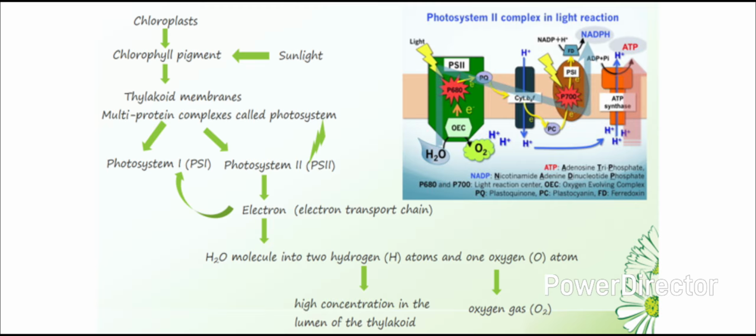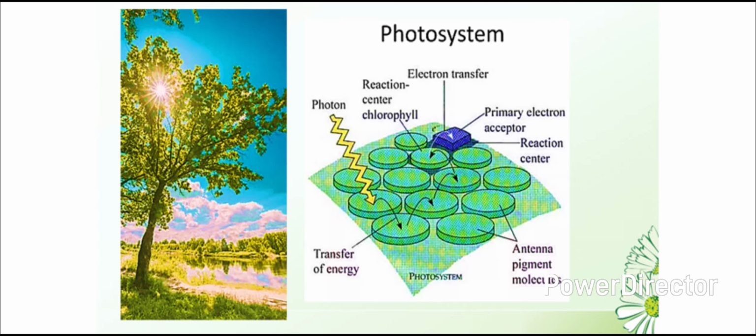Oxygen atoms from disassembled water molecules join up in pairs to form oxygen gas. The hydrogen ions build up in high concentration in the lumen of the thylakoid. They pass through an enzyme called ATP synthase, and their movement provides the energy needed to add a third phosphate to ADP to form ATP.